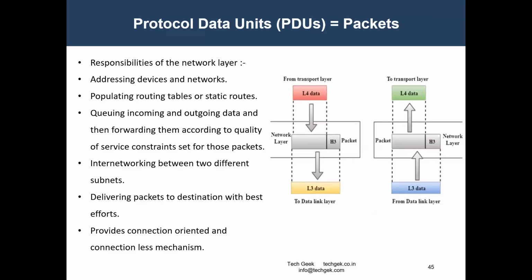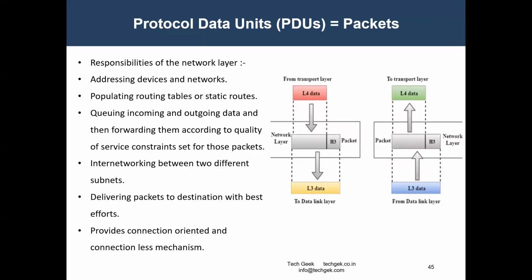So this is how it happens. That's the reason it says queuing the incoming and outgoing data and forwarding them according to the quality of service constraints set for those packets. Interworking between the two different subnets delivers packets to the destination with best effort. And it provides connectionless or connection-oriented mechanism systems.